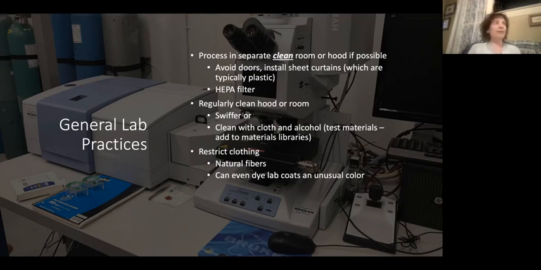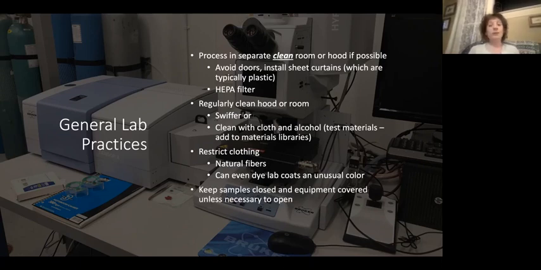Some groups have even dyed their coats bright pink or bright orange, some sort of color that you don't typically detect in a sample. So when you do see a bright pink or a bright orange fiber, it came from your cotton lab coat and not from the ocean or from a river or whatever it is you're sampling.